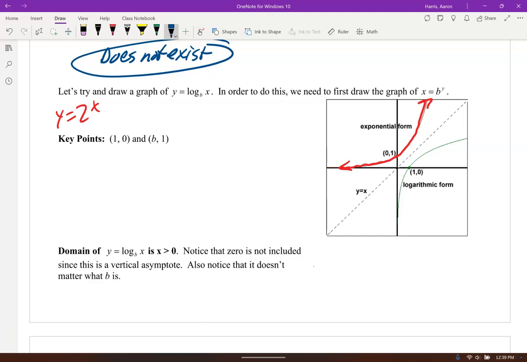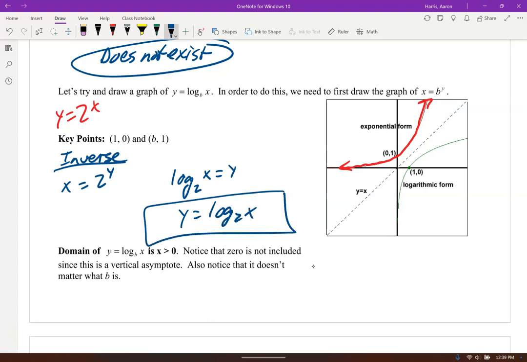If you were finding the inverse of 2 to the x, remember, when we found the inverse, we flip-flopped x and y, and we would solve for the new y. Well, let's just put that in logarithmic form. 2 to the y equals x. So what we have is y equals log base 2 of x. This is the inverse of 2 to the x.